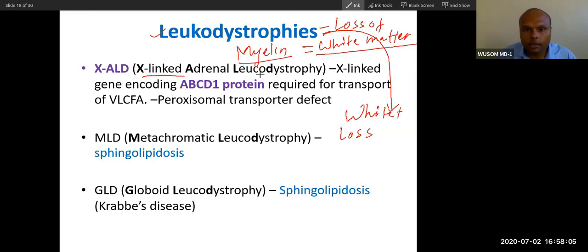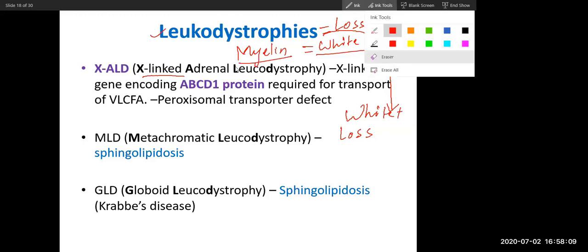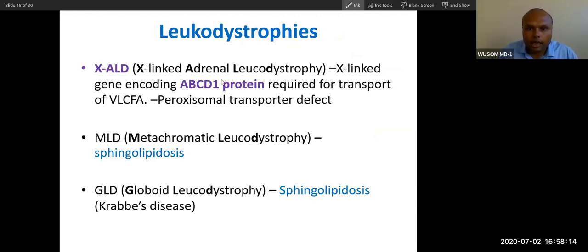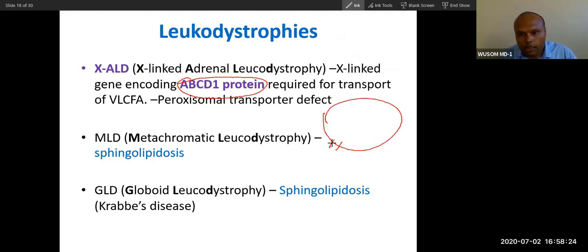Did you understand? Yes, leukodystrophy means lack of myelin. And this lack of myelin happens because of this protein. This is a channel present in the peroxisome. This is called ABCD1, ATP binding cassette D1.